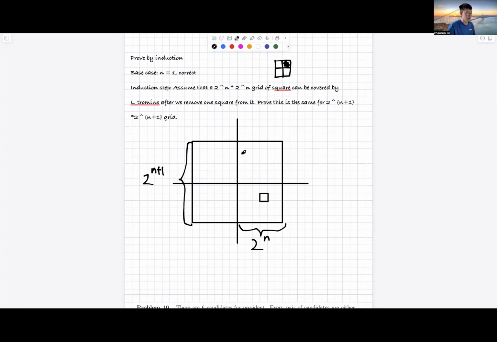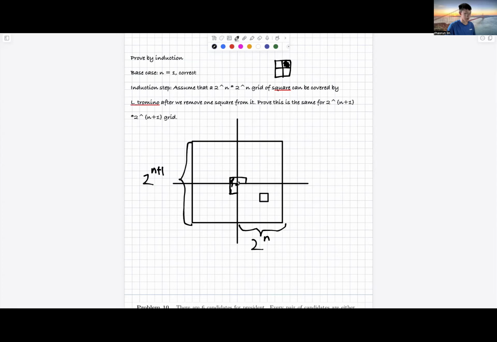And for the remaining 3 parts, we can just put an L trinomial here, and an L trinomial here. So if we put it like this, this is an L trinomial. So for all of the 4 parts, we have 1 square removed now.